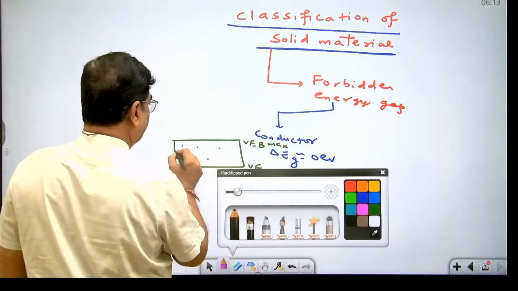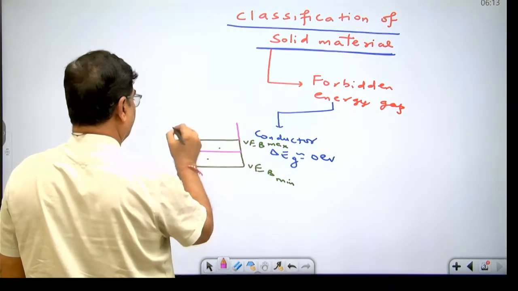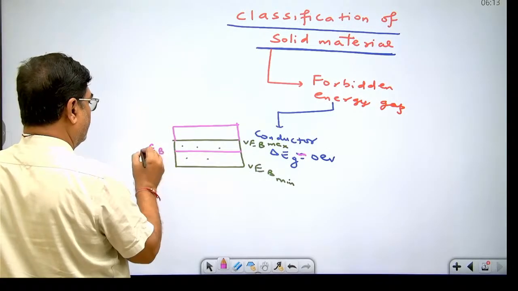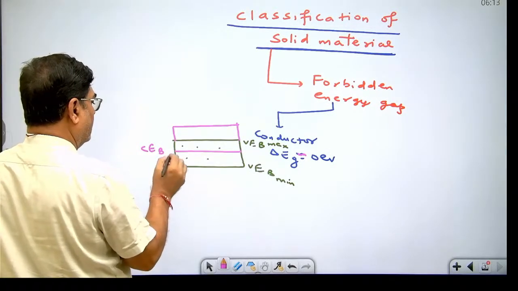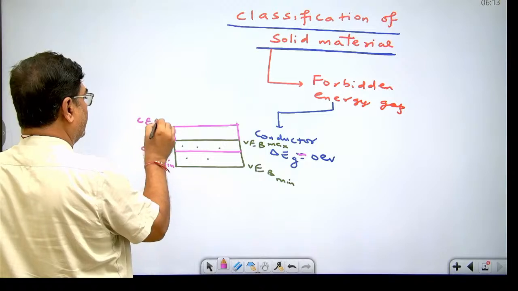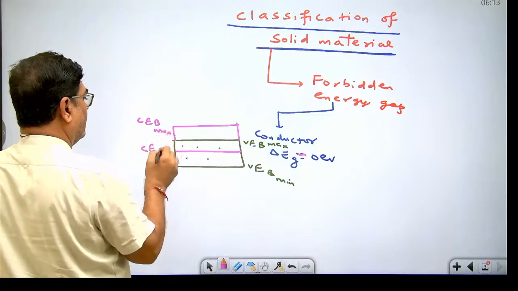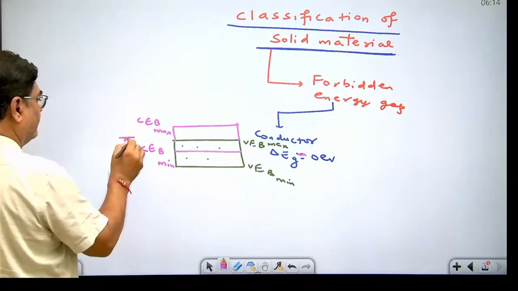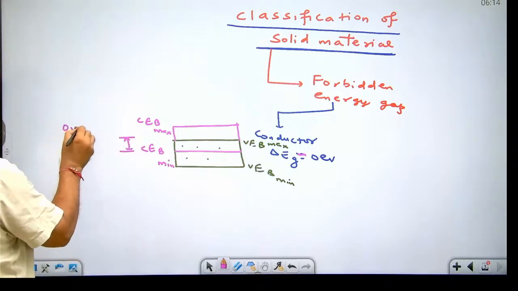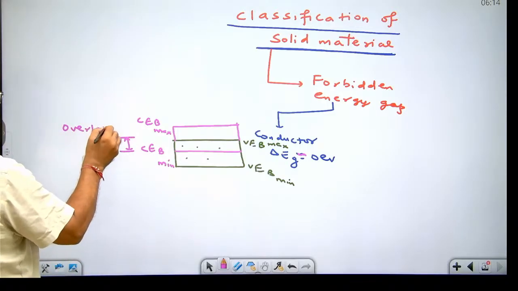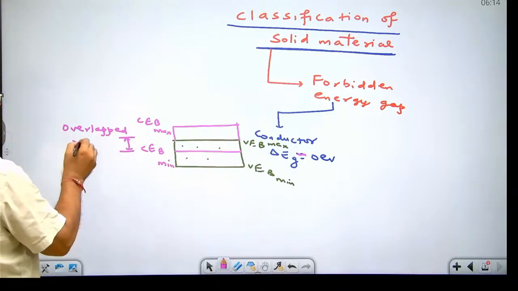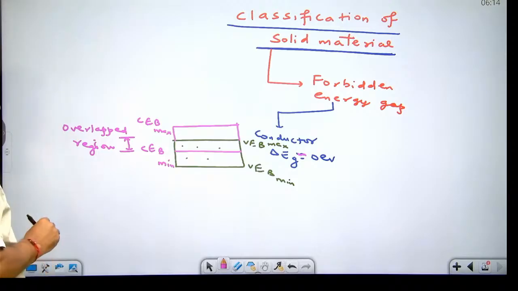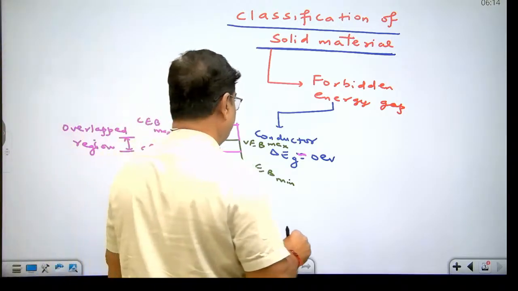Now this is the picture of conduction energy band: this is conduction energy band minimum and this is conduction energy band maximum. And this is the overlapped region. And remember, the area of overlapping is directly proportional to conductivity.